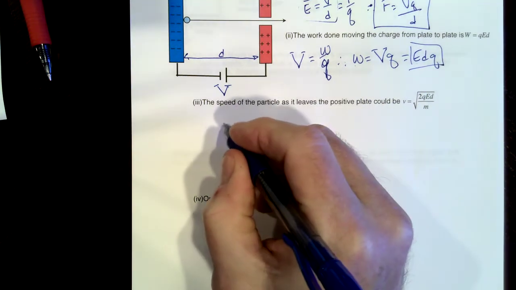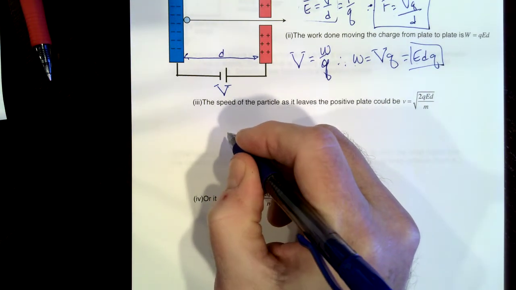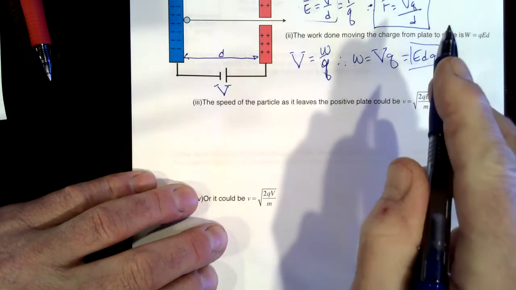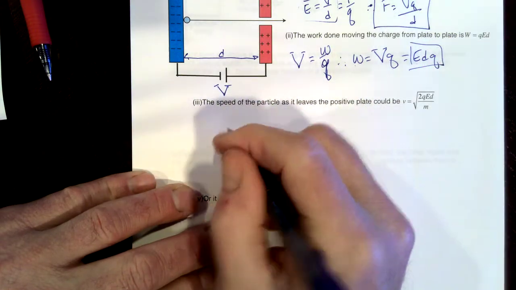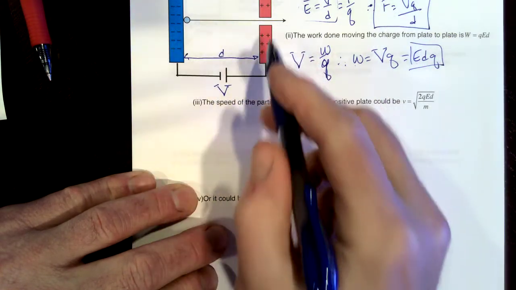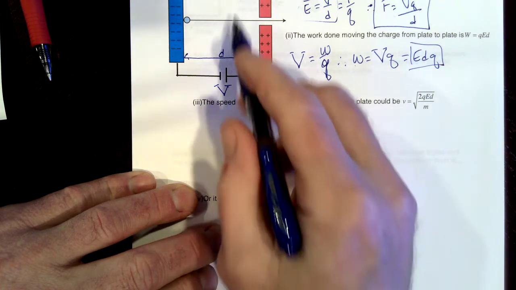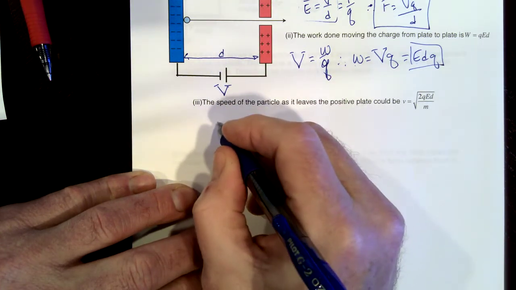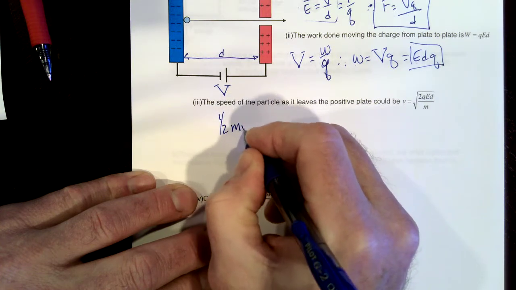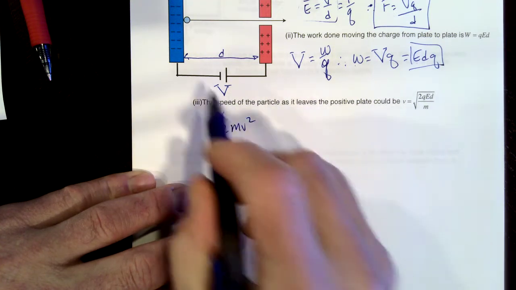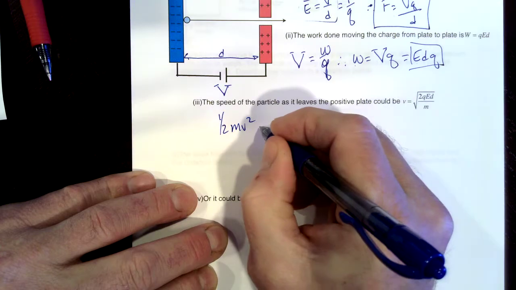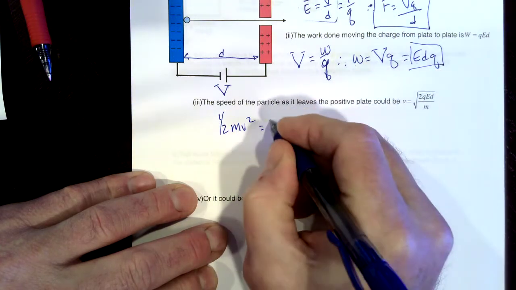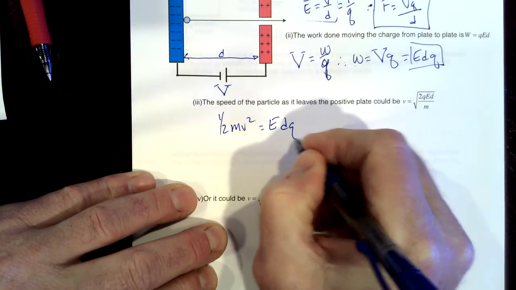Since work is the same as energy, and this said ignore effects of gravity somewhere, it's just going straight across. It's not getting any gain in potential energy due to height off the ground. It's getting a total gain in kinetic energy. So I'm going to set 1/2 mv squared, which is the change in energy, starts from rest, shoots across, equal to that EDQ.